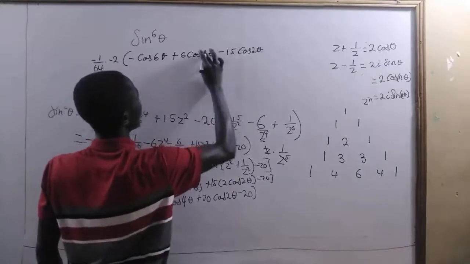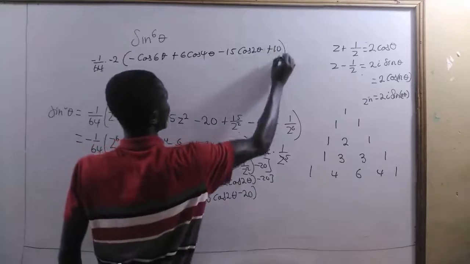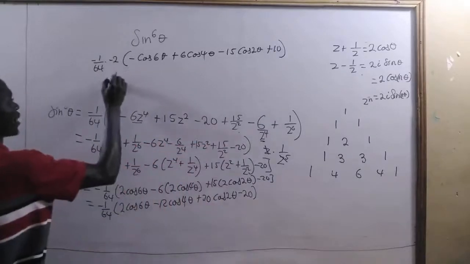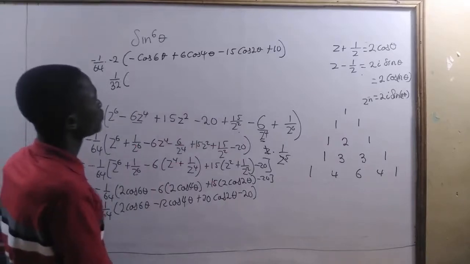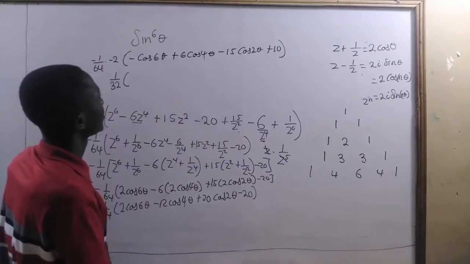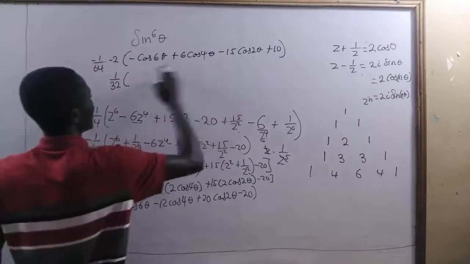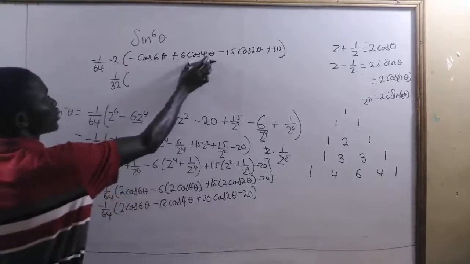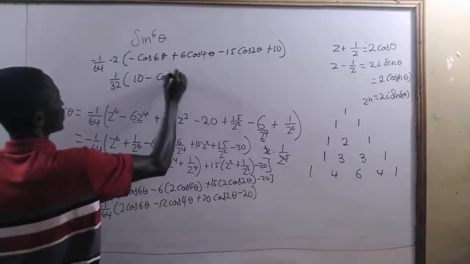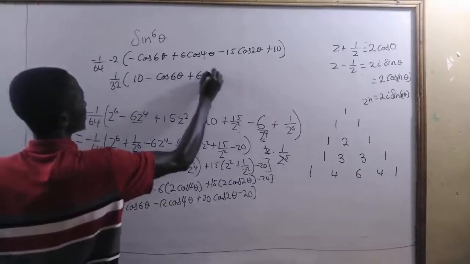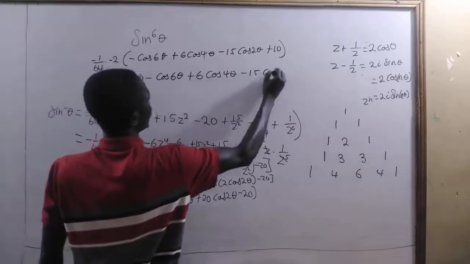And this will be plus 10. So we are going to have positive 1 out of 32 into, we can bring the 10 in front, the positive ones in front. So we have 10 minus cosine of 6 theta plus 6 cosine of 4 theta minus 15 cosine of 2 theta.